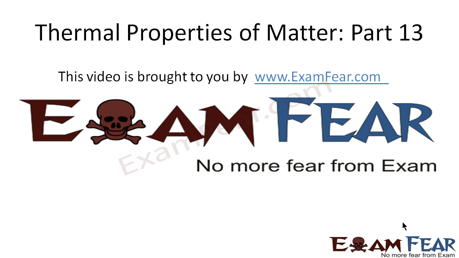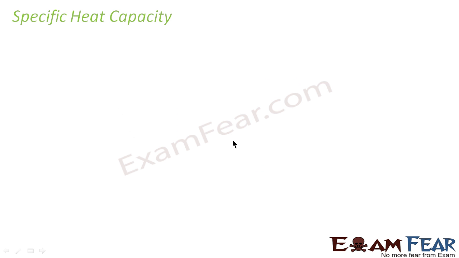Let us now look at another important property that is known as the specific heat capacity. So what is specific heat capacity? Basically, the specific heat capacity tells us how much heat is required to heat a specific amount of substance by a specific temperature. For example, you are given a specific amount of some substance, say water.